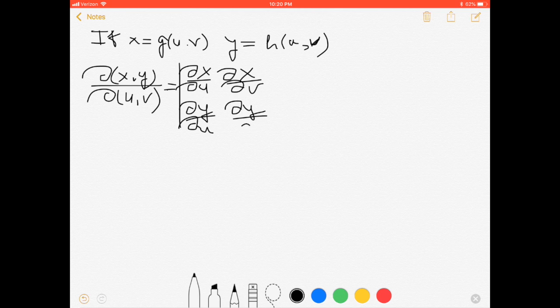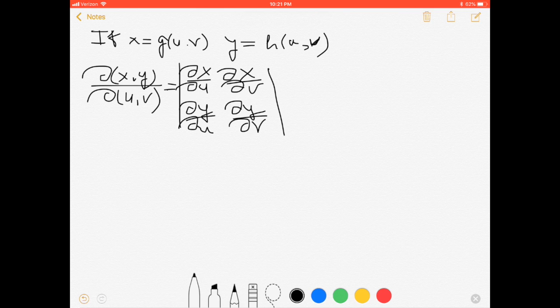One more time. First row, first element is the derivative of your function x with respect to u. Second column, first row, is the derivative of x with respect to v. Second row, first column dy du. Second row, second column dy dv.